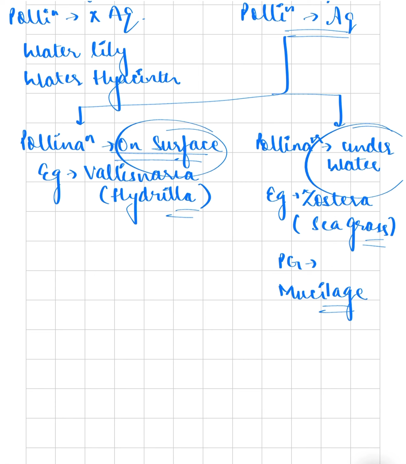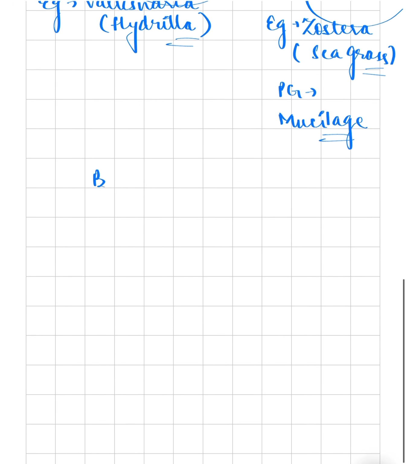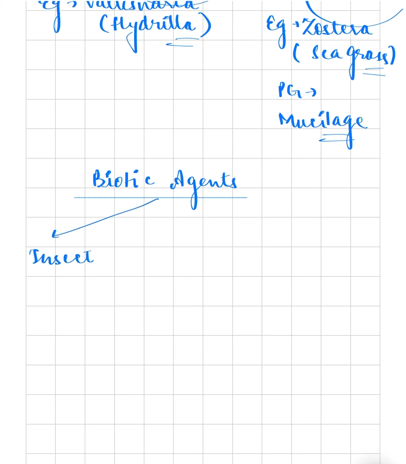Now let us discuss the biotic agents, which are the living agents. Here we have two categories. First is insect pollination, and the second is the pollination which occurs by bats and birds.